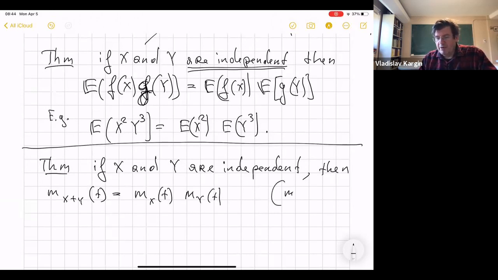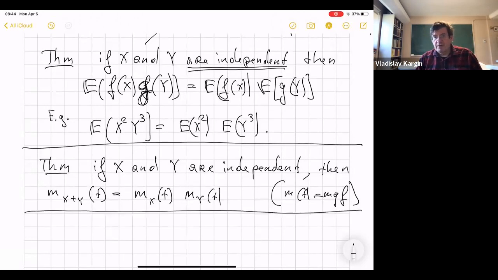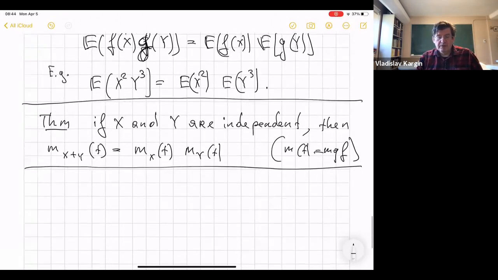So it's a sum, not a product, that we are talking about. Here m of t is the MGF, the moment generating function of a random variable.